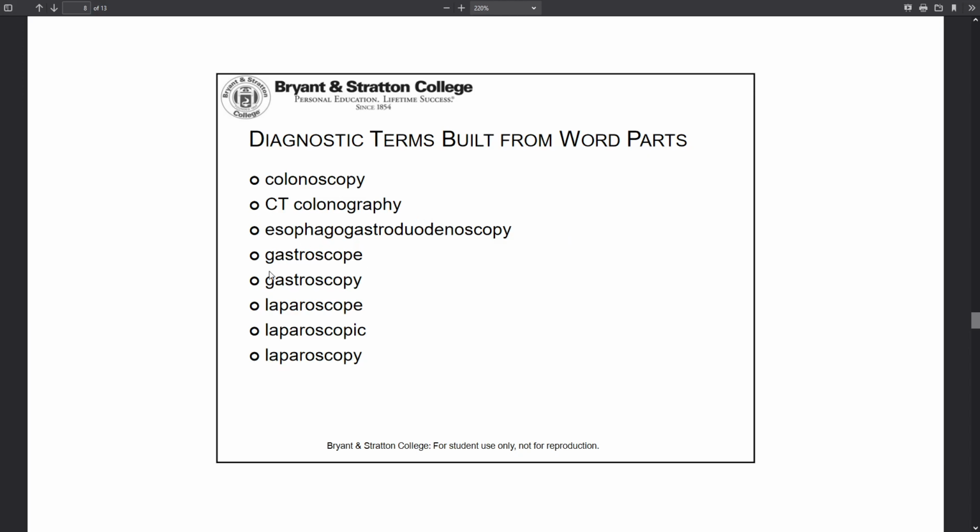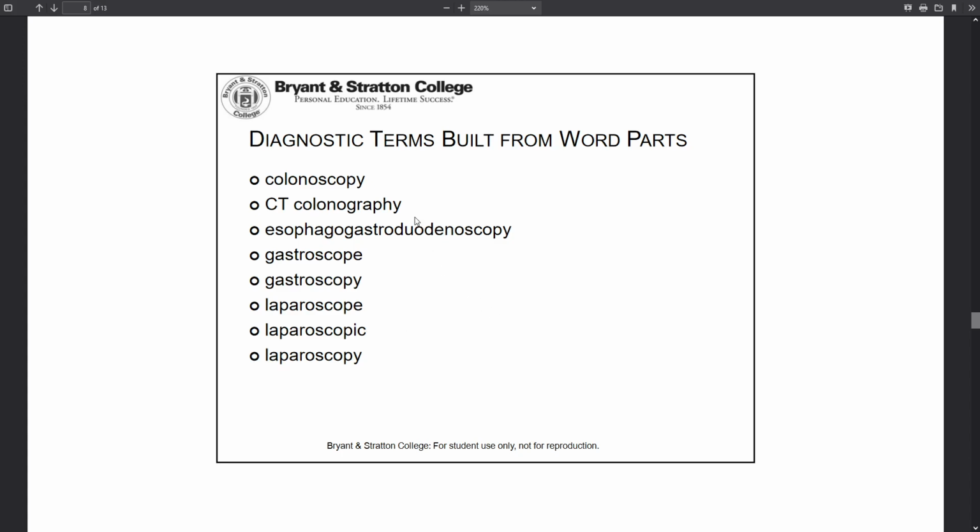So going through here, these are various procedures that are performed. Esophagogastroduodenoscopy. Literally just saying that you're performing a scope procedure, esophagus through the stomach and into the duodenum. We should all be very familiar now with the difference between scope, scopy, and scopic.